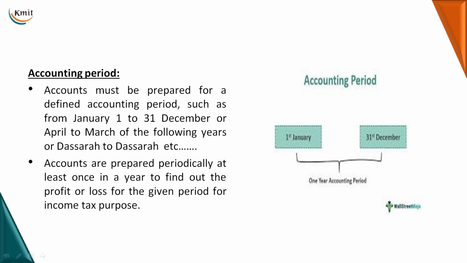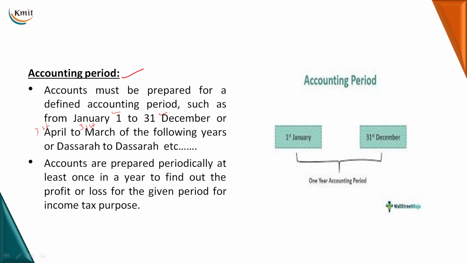Then next one is accounting period. There is a particular specification regarding the maintenance of an accounting period for every company, which has to be strictly followed consistently. Generally the accounting period can be selected from January 1st to 31st December, which is one accounting period, or 1st April to 31st March of the following year.